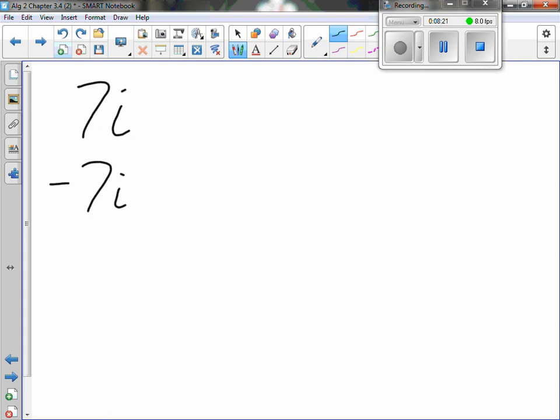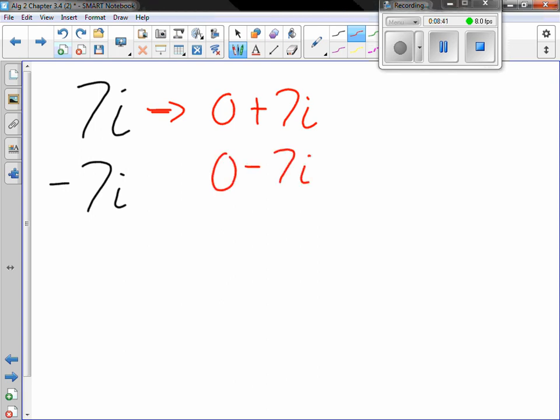We've been changing the sign in front of the term with i. We could also look at this as 0 plus 7i, yes? Because we can add 0 to anything, it doesn't change its value. Which is the same as this here. So those are those two there.